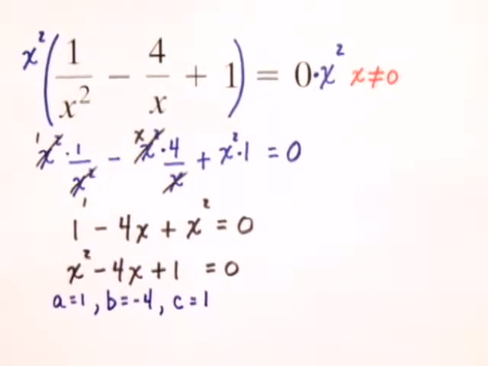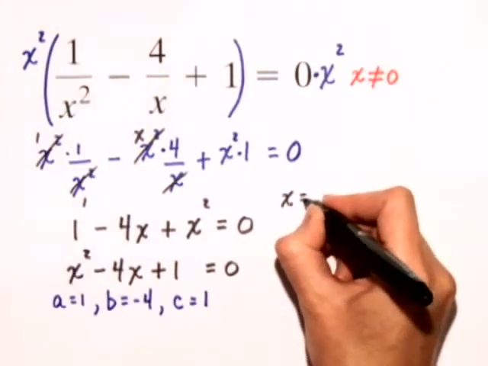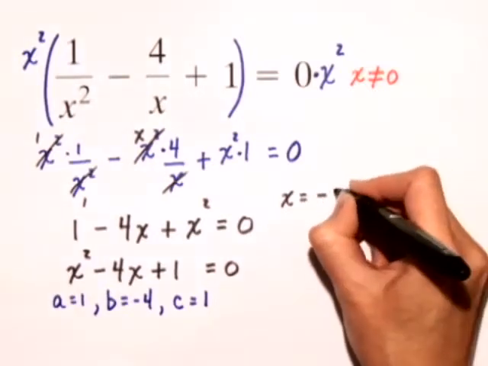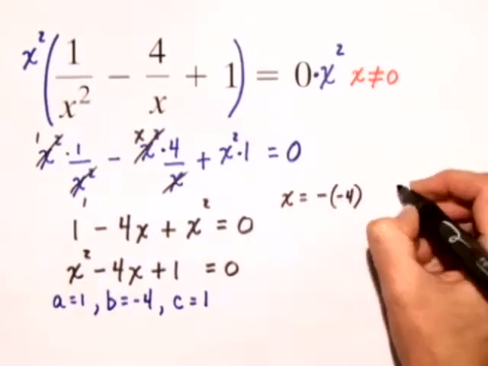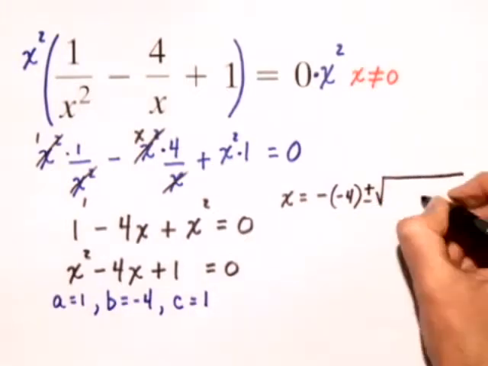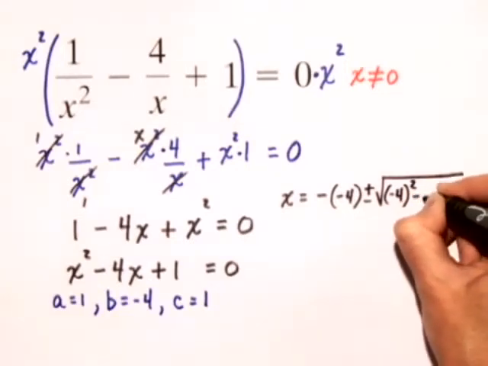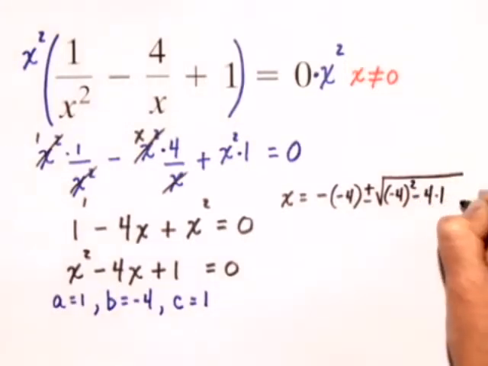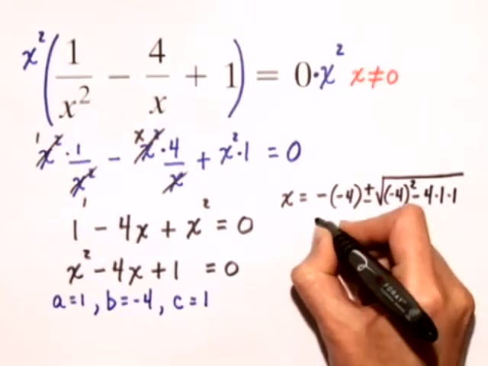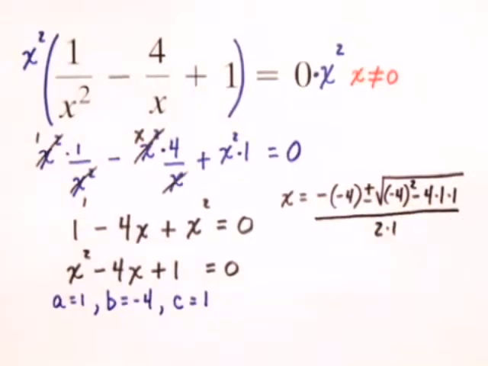Let's substitute these values into the quadratic formula, and we'll get the following solution. We'll get that x is equal to negative b, which is negative 4, plus or minus the square root of b squared, so I have negative 4 squared, minus 4 times a, which is 1, times c, which is 1, and that's all over 2 times a, which is 1.